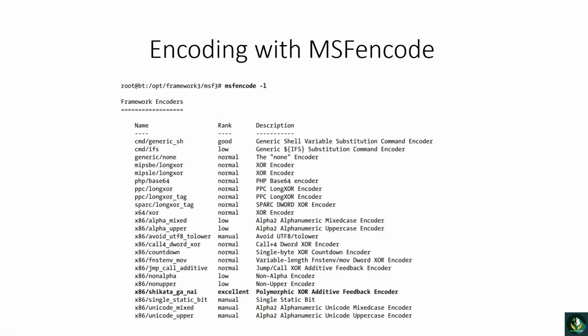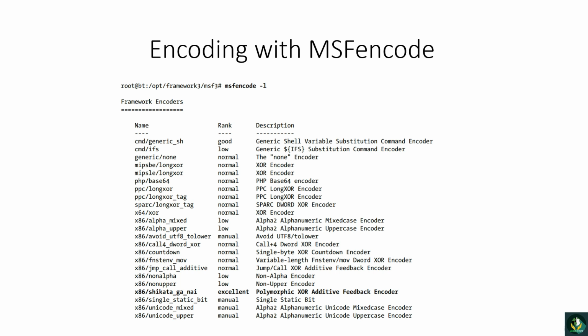One of the best ways to avoid being stopped by antivirus software is to encode our payload with MSFencode. MSFencode is a useful tool that alters the code in an executable so that it looks different to antivirus software but will still run the same way.